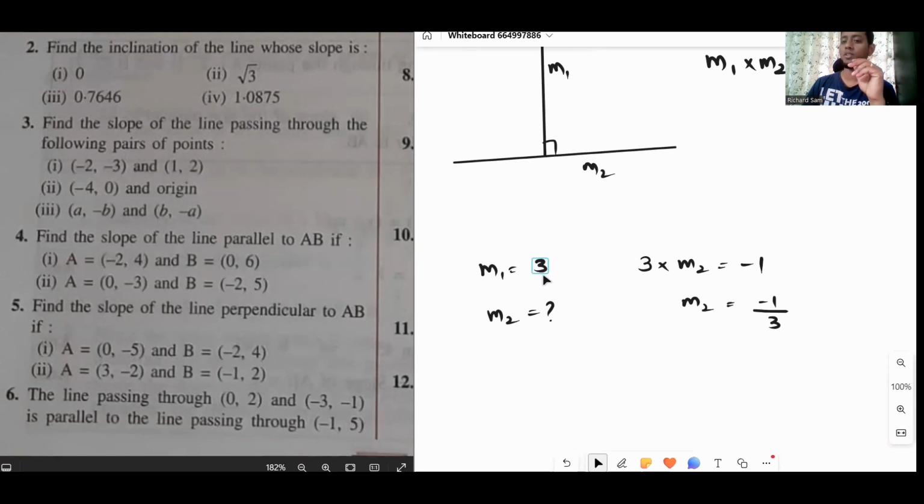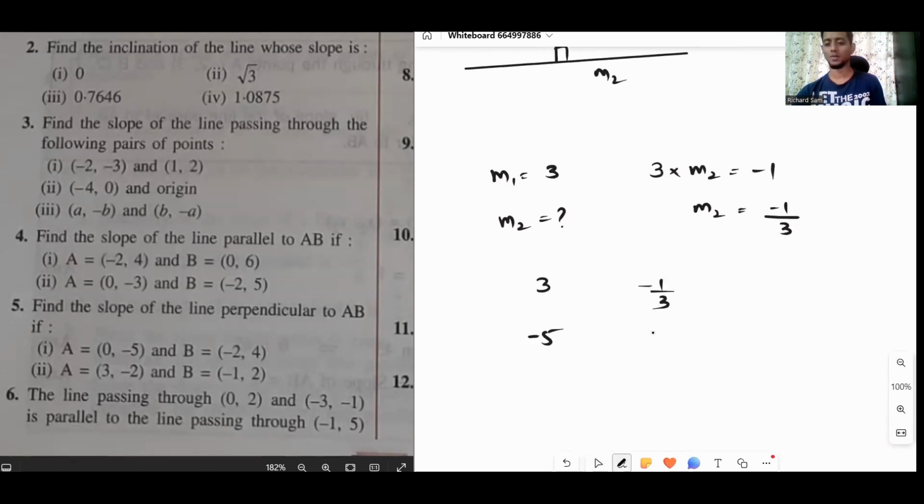If m1 is 1 upon 3, okay, look, if it is 3, it is minus 1 upon 3, right? If it's minus 5, then m2 would be 1 upon plus 5. The sign has to change, right? See, this 3 is becoming negative, so negative will become positive.